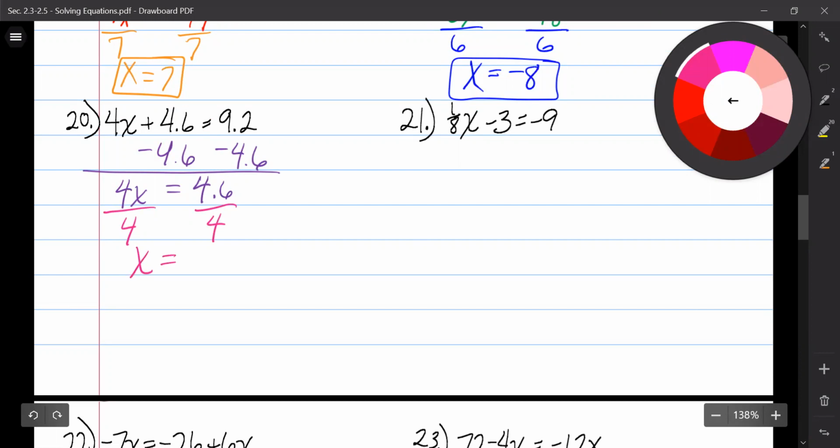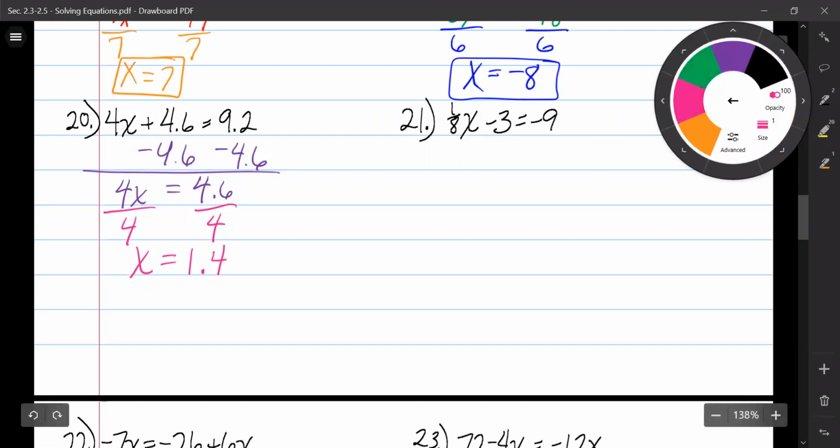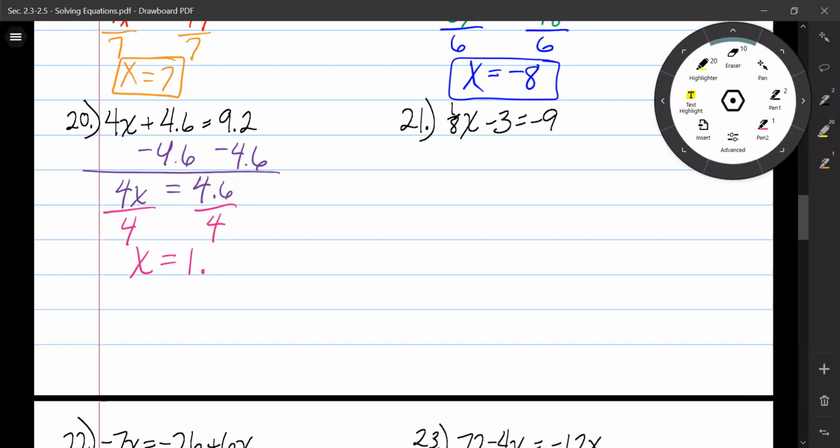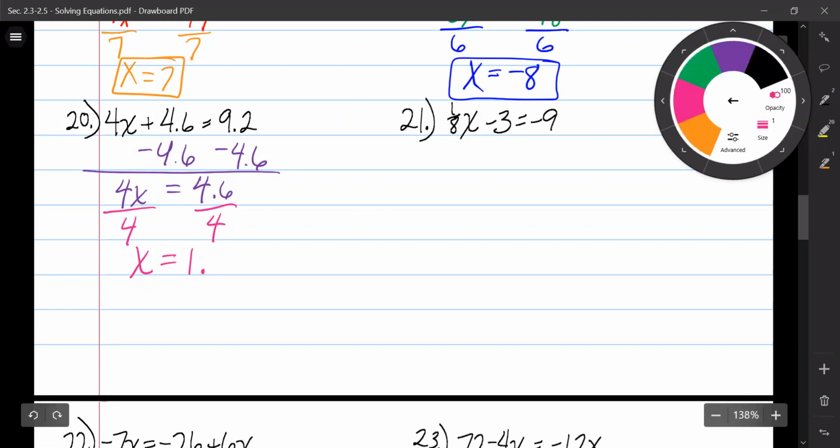So let's see. That's going to be 1.4, I believe. No, not quite, not quite. I'm dividing by 4. So I was trying to do it in my head, but I better not.